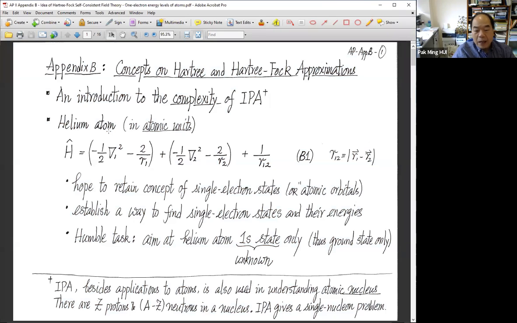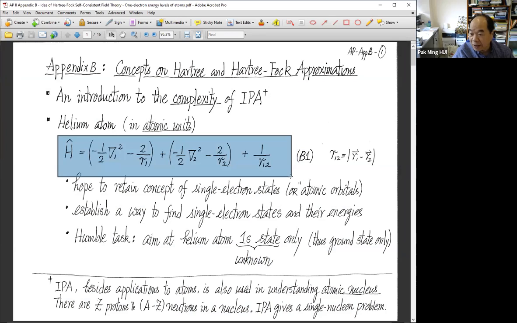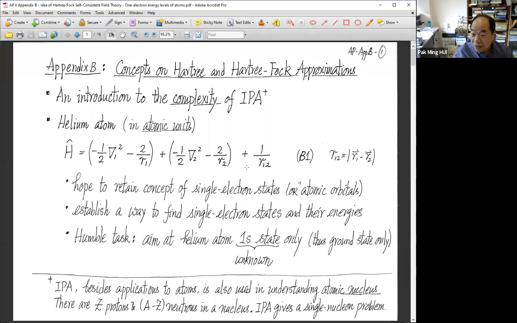So here I restate the helium problem, but in the simplified unit. It is in atomic units. The TA should have explained to you what the atomic units are last week, sample question 13 or something like that. Yeah. So if you missed that, then try to read the appendix A.